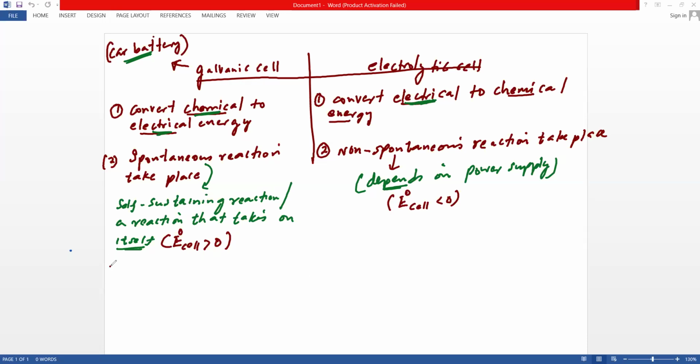Number three, the type of reaction that takes place in a galvanic cell is an exothermic reaction, whereas in the electrolytic cell it is an endothermic reaction.